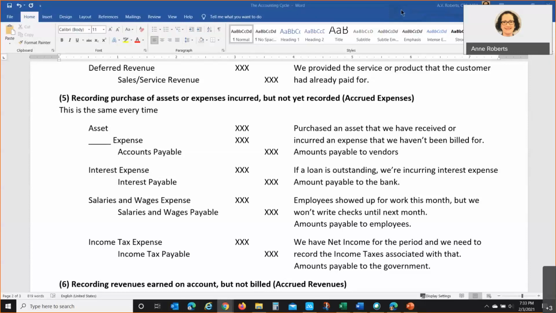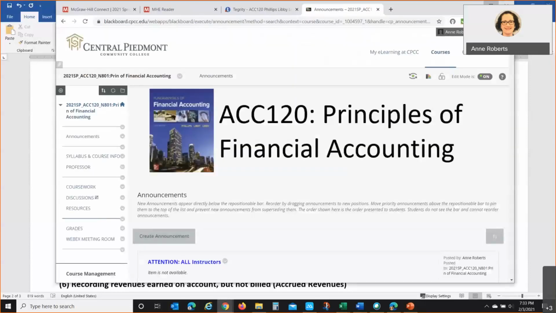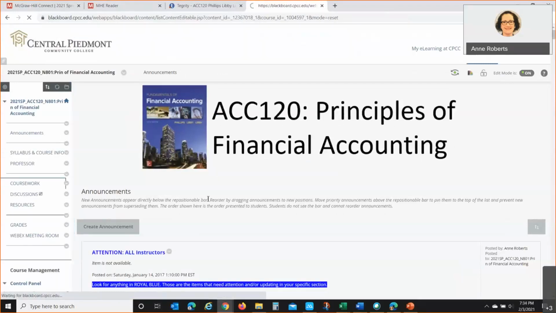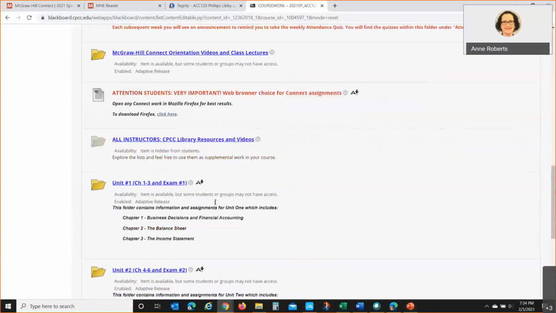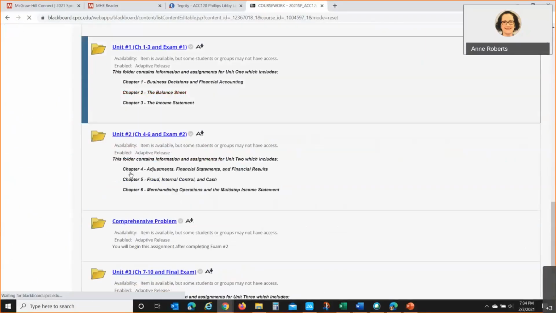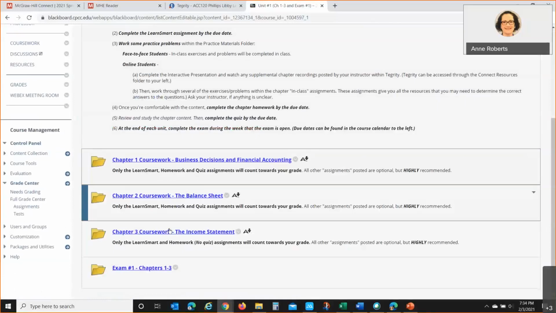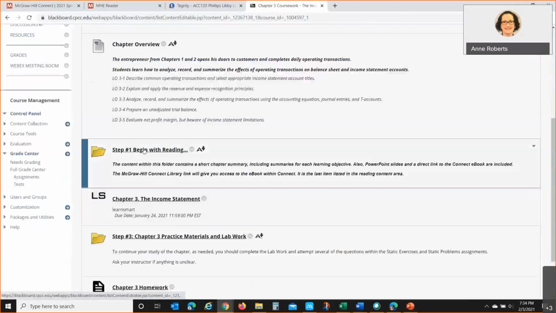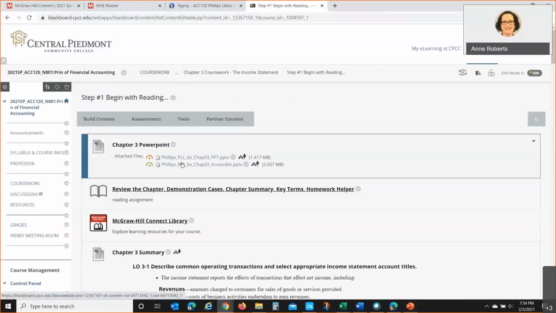If you go out to Blackboard, it is coursework, unit 1, chapter 3. Right here under begin with reading, you've got the PowerPoint slide deck.